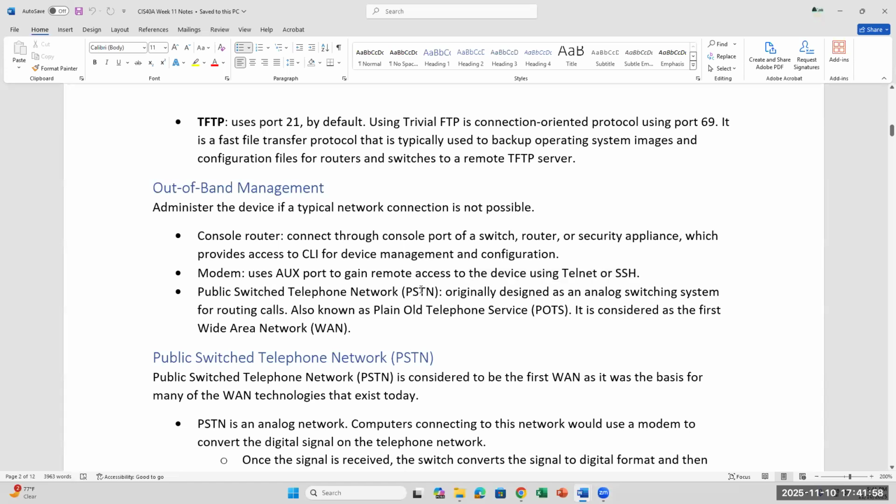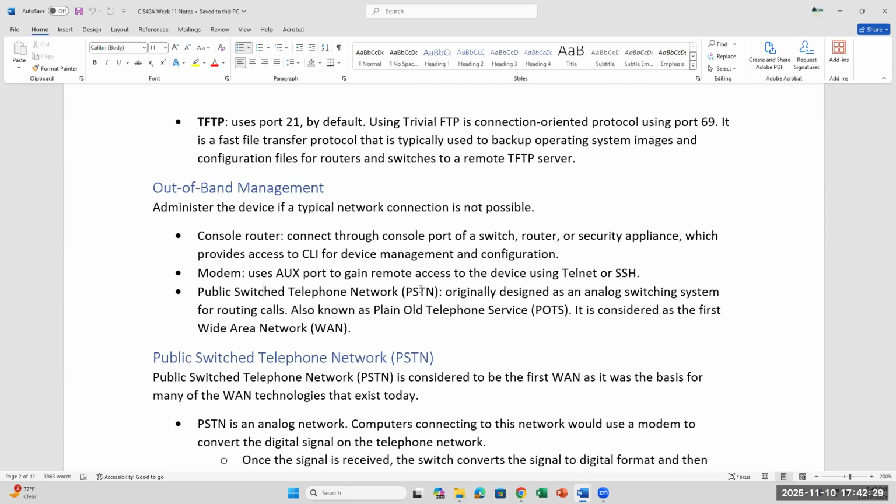PSTN, we talked a little bit about the public switched telephone network, like the PBX system at the elementary school. But in the old telephone network back in the day, if you watch the old TV shows from the 50s, people would manually switch calls. You had ladies working at these switching networks who manually took their hands and plugged things in.